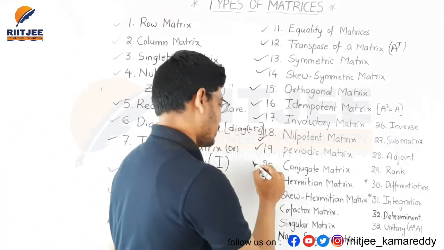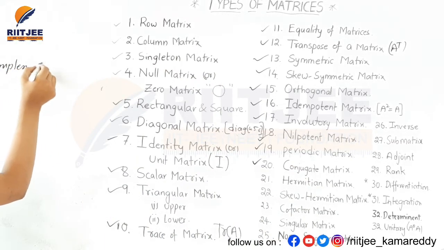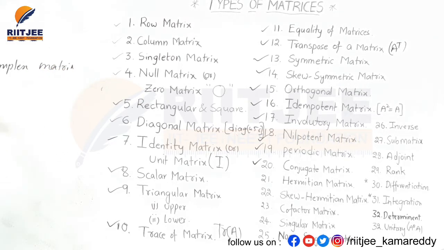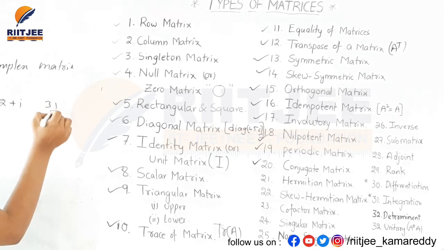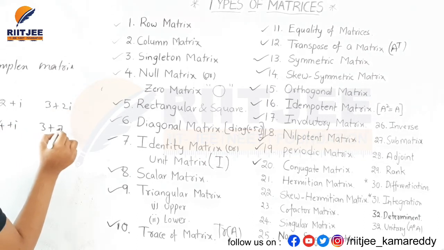The conjugate matrix. A conjugate matrix is nothing but one built from a complex matrix. First of all, we should know about a complex matrix. A matrix having complex numbers as its elements, for example 2 plus i, 3 plus 2i, 4 plus i, 3 plus 7i.